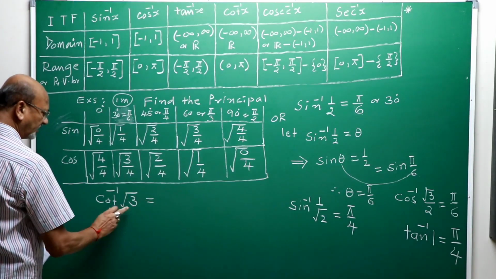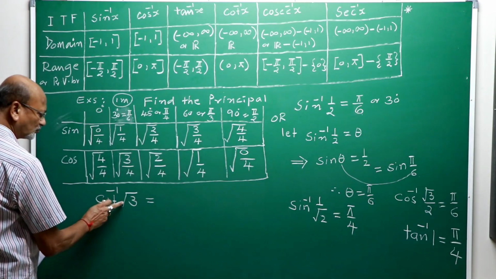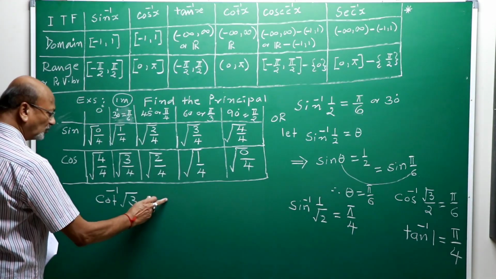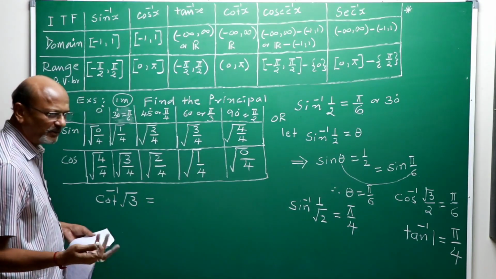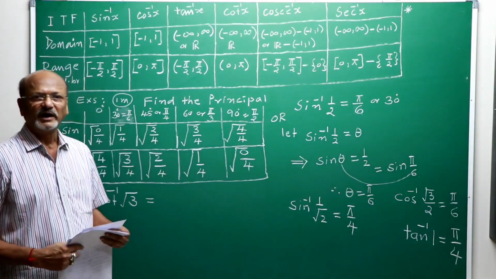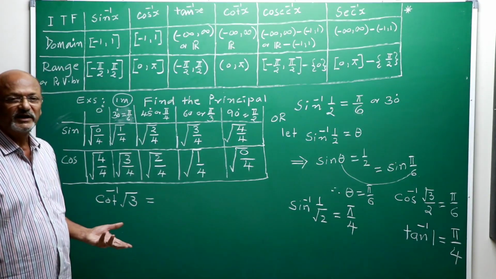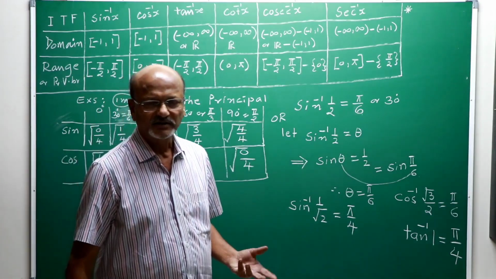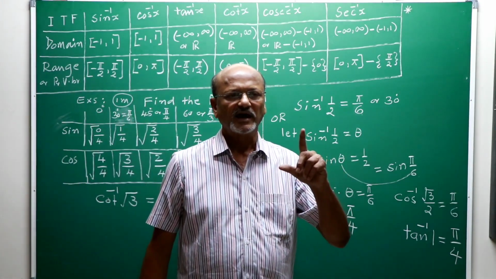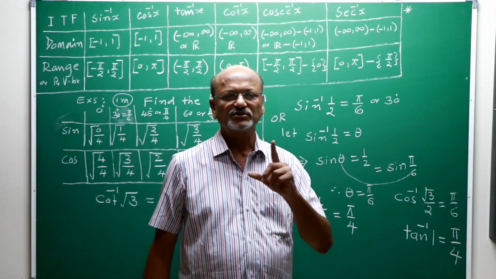Friend, the corresponding angle for cot inverse root 3 is what? Root 3 gives the small angle, 1 by root 3 gives the big angle. Sir, what do you mean by small and big? In case of tan and cot, root 3 and 1 by root 3 correspond to 30 and 60 degrees. Tan 30 is 1 by root 3, tan 60 is root 3.